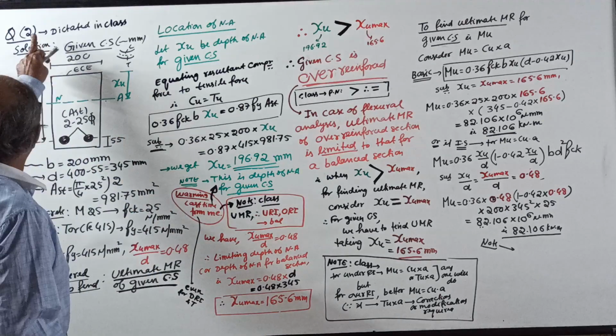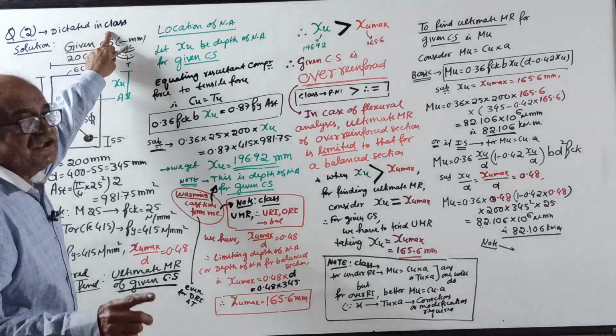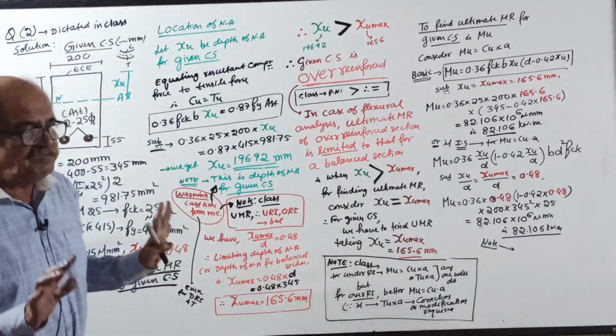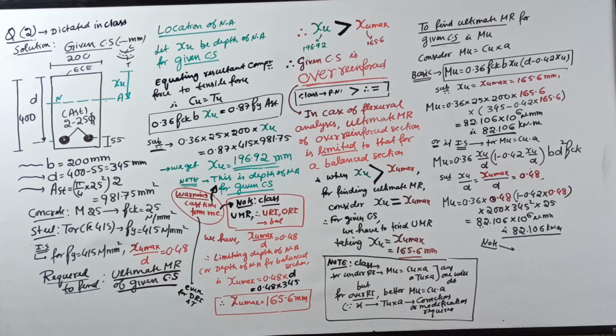Now, question 2, I am going to dictate in the class. As usual, I am not writing anything now. Question: find ultimate MR for an RC section of width 200 millimeter and depth 400 millimeter, reinforced on the tension side by 2 bars of 25 mm diameter at an effective cover of 55 millimeter.